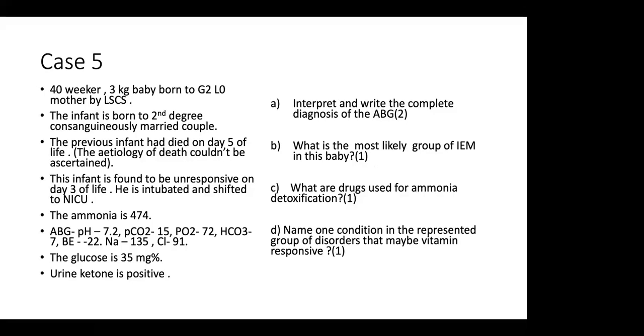So this baby has an ammonia of 474, which is high, pH of 7.2, PCO2 15, PO2 72, bicarbonate 7 with sodium 135 and chloride 91. So also having hypoglycemia and ketone positive.